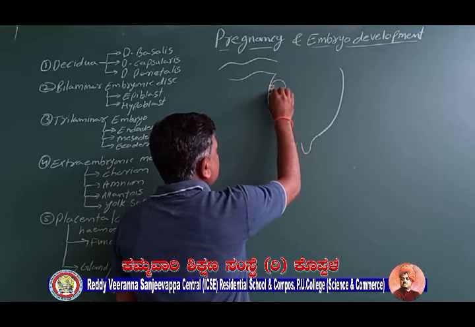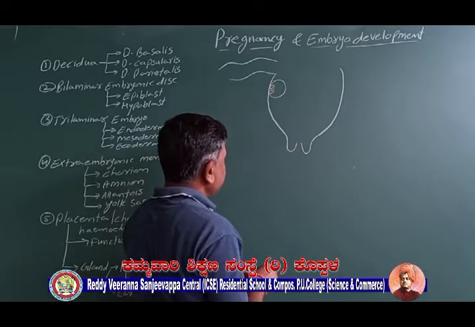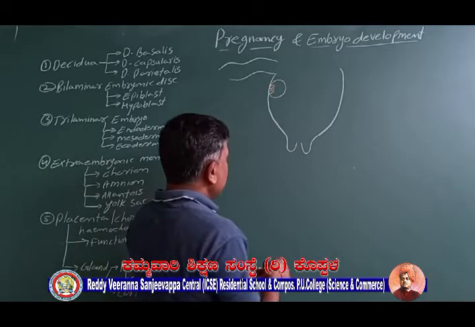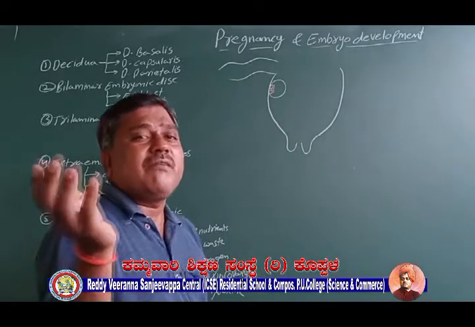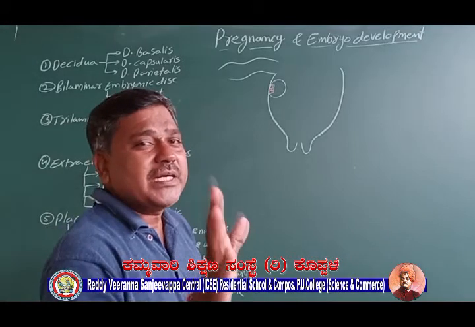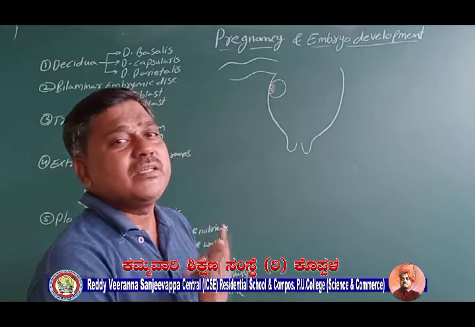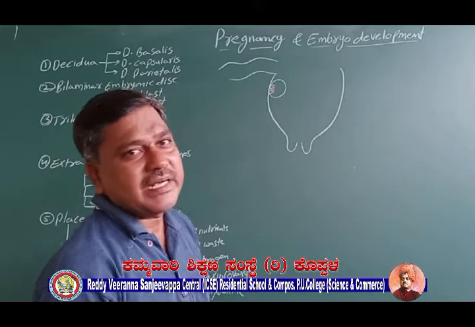Here there is the inner cell mass, and this is the trophoblast. Now attachment of the trophoblast to the endometrium of the uterus is called implantation.